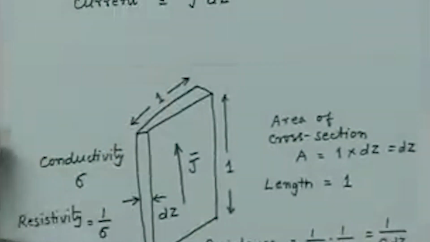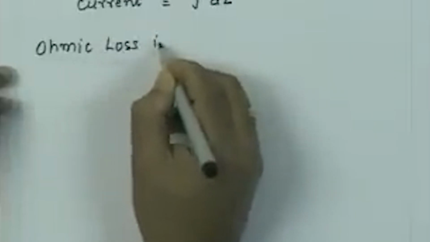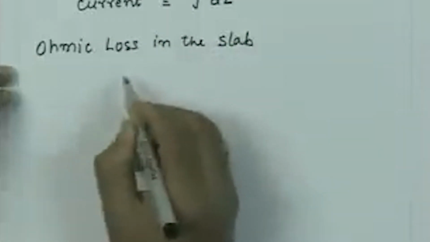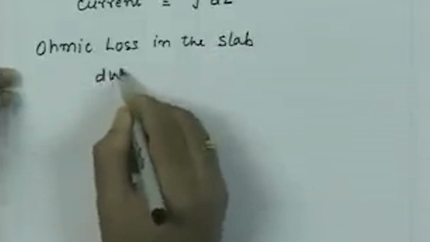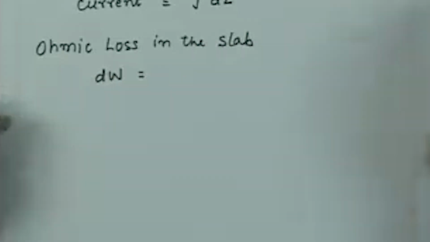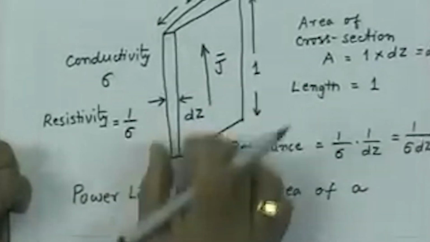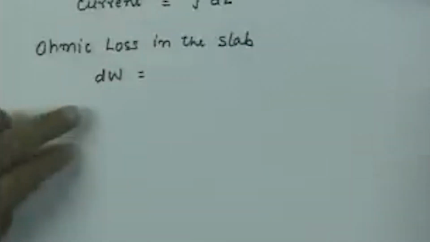Then I can calculate the power loss in this, which is the I square R loss. So if I calculate the ohmic loss in the slab, let us say this thing is dW, and I am using dW because I am taking a thin sheet here. So I am saying in this incremental slab how much is the power loss.